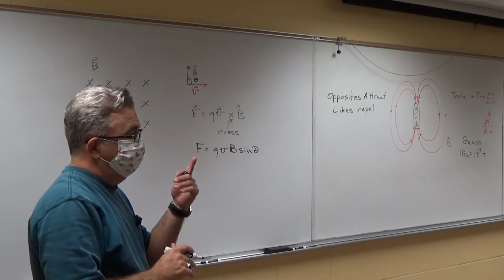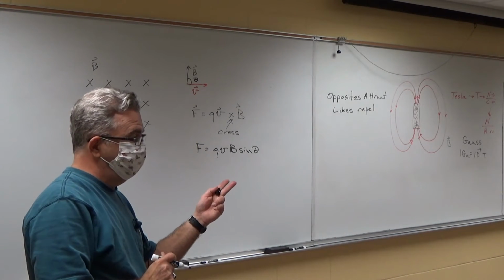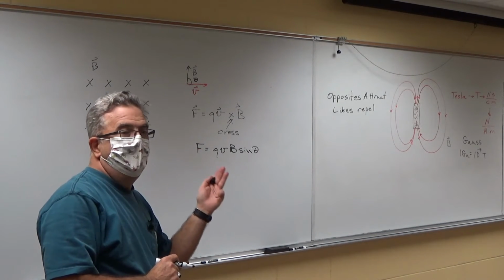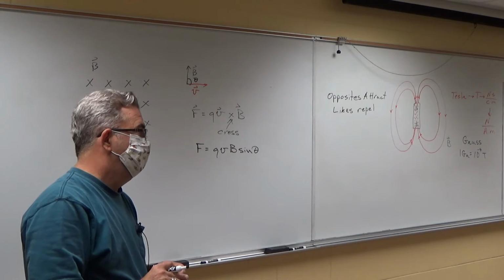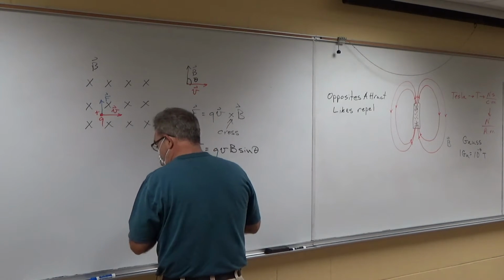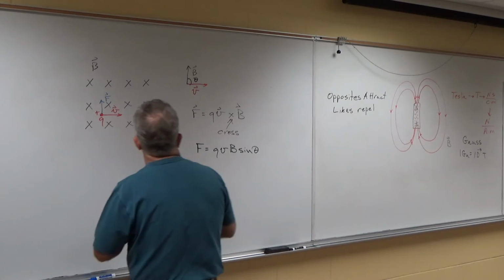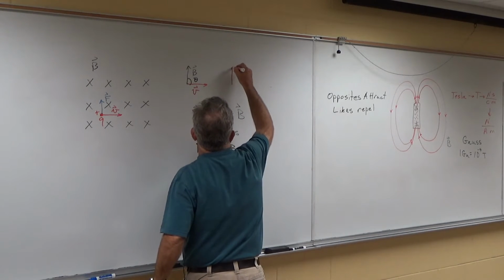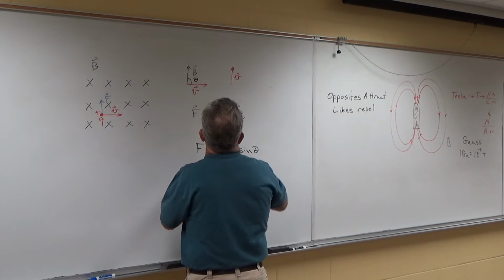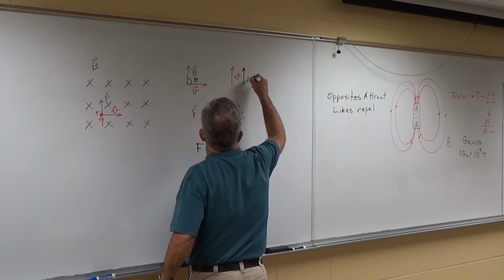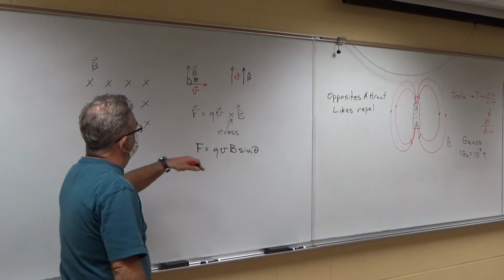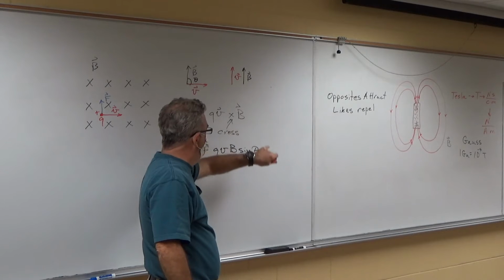So you need the charge to be in motion, and you need a component of the velocity to be at a right angle to the magnetic field. Because if V and B are parallel or anti-parallel, and we're going to play around with this in lab, then the angle between the velocity and the magnetic field is 0.